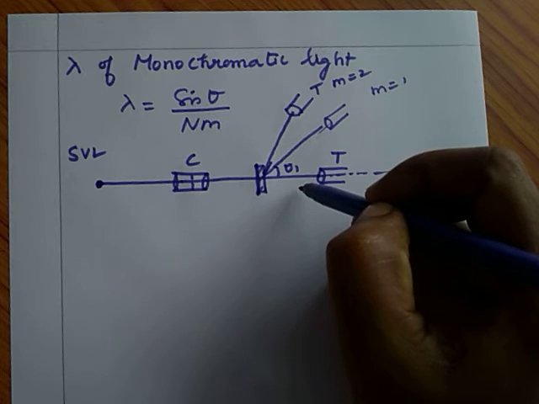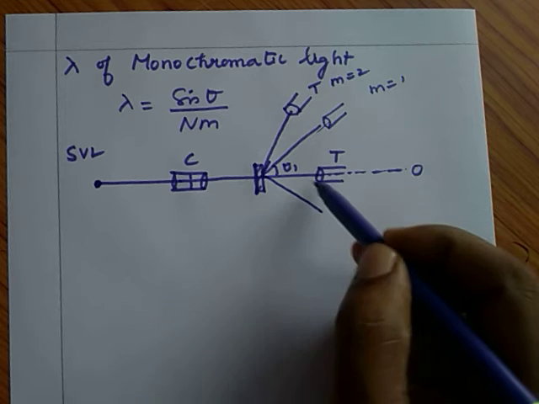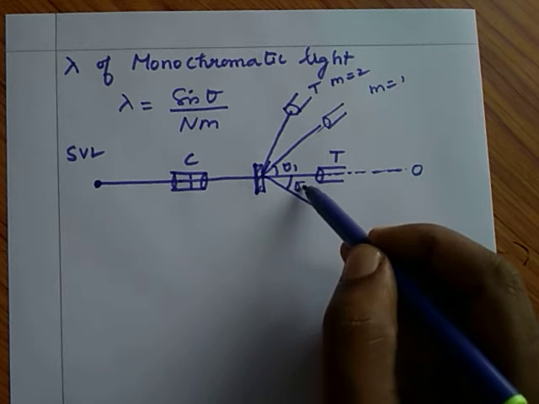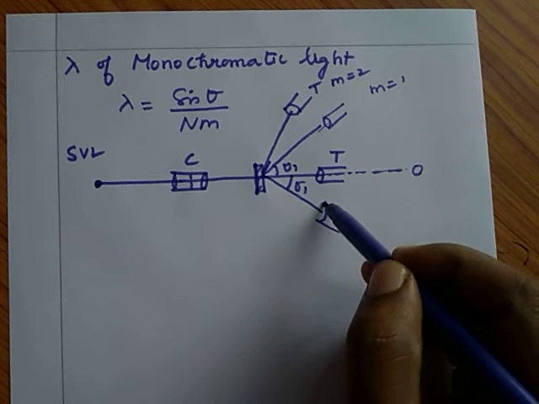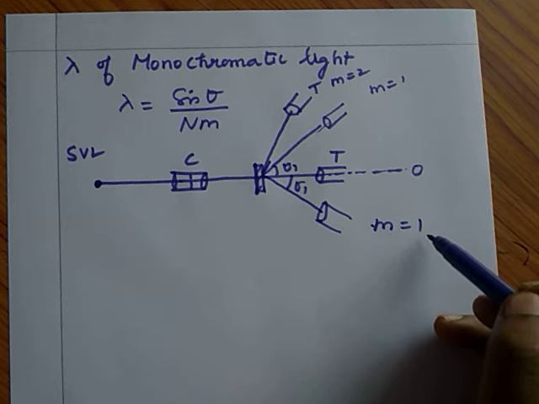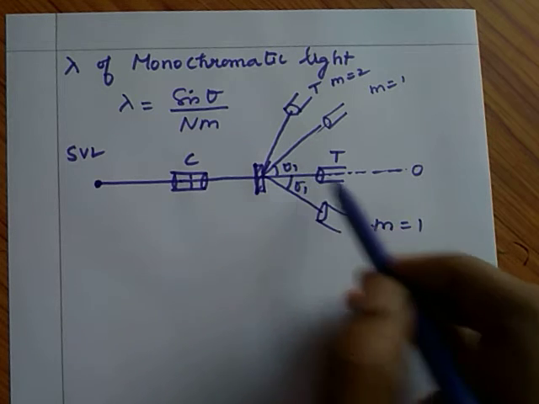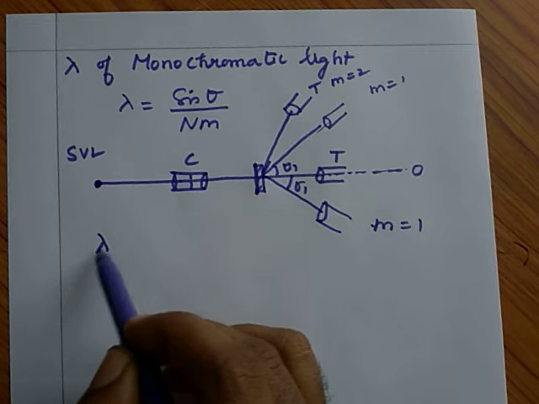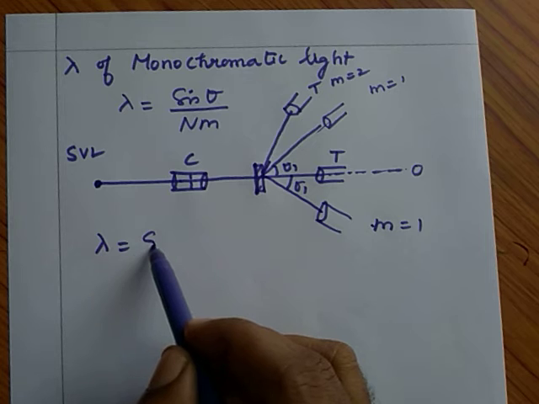Then I rotate the telescope towards the left at the same angle theta 1, and I get the diffracted image, first order. Knowing the angle and order, we can easily find the wavelength.